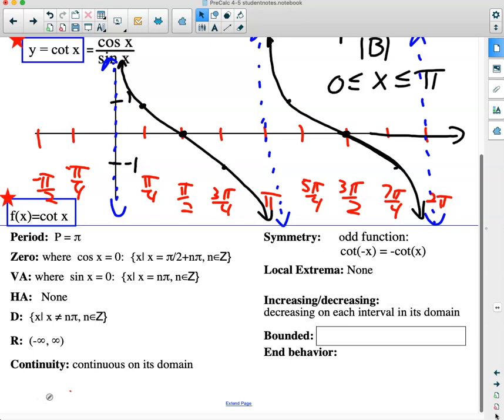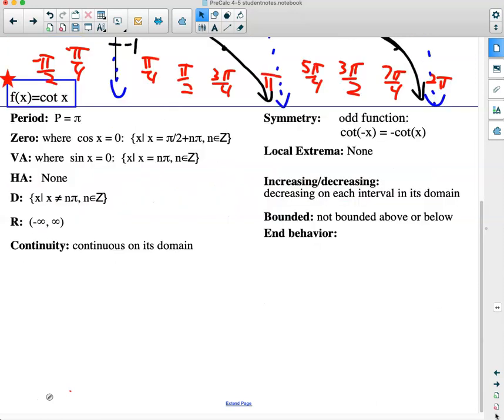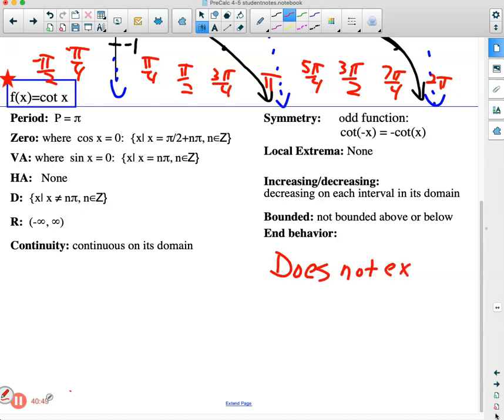Boundedness. Nope. Not bounded above or below. And the end behavior does not exist. So lots of similarities, but some differences.